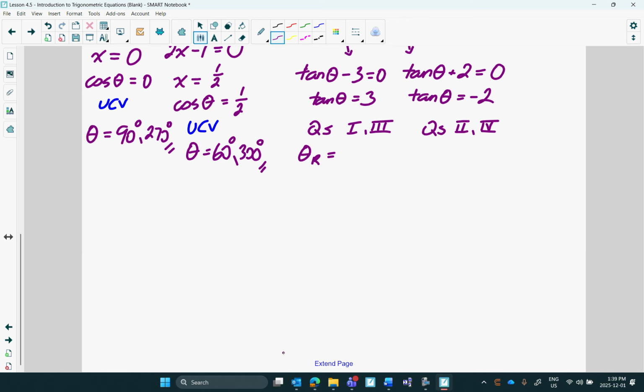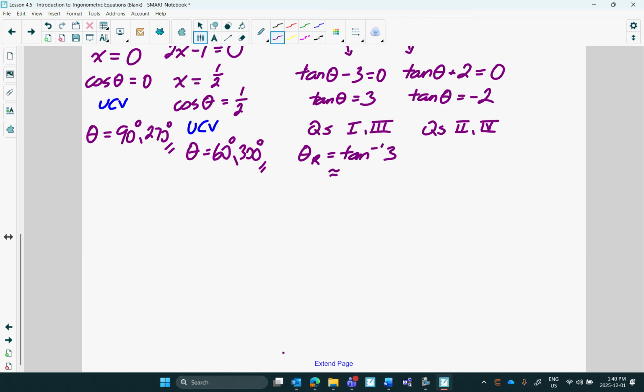And if you like, here's a little hint that avoids a communication error. A lot of times students will forget to put the little r, which is technically a communication error because you're not finding theta yet. You're finding the reference angle. So if you can't remember that, just do tan inverse 3 and then give your answer. Don't even put that in if you can't remember it, because then you'll avoid a communication error.